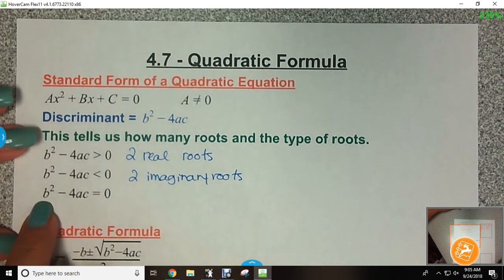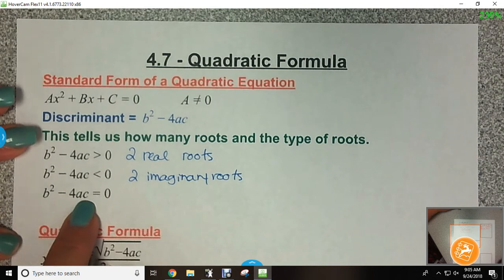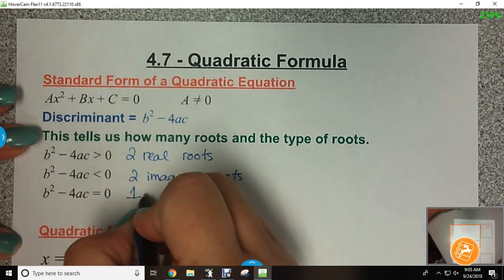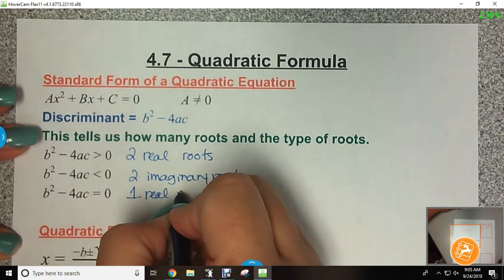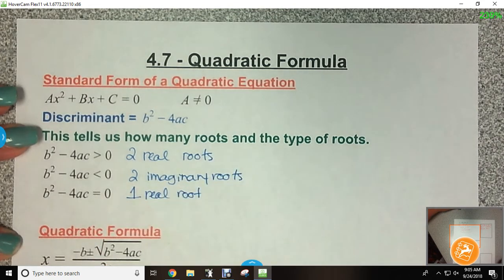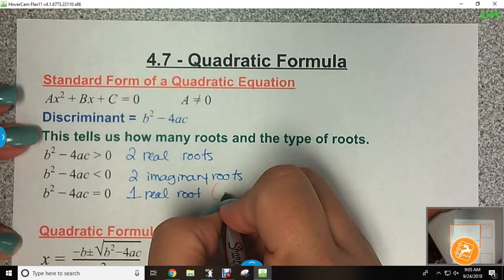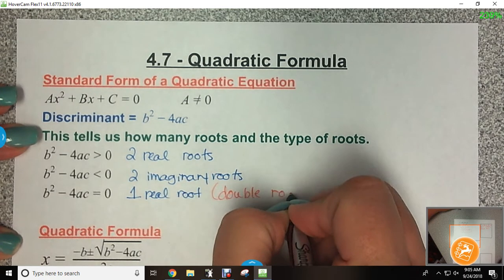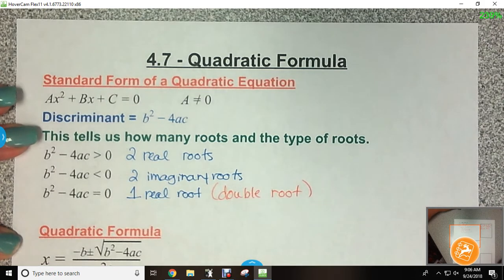So now, what happens when your discriminant is equal to 0? You have 1 real root. However, we call that a double root. Okay, and you'll see why in just a few minutes.